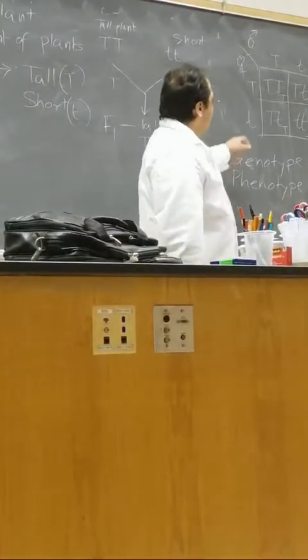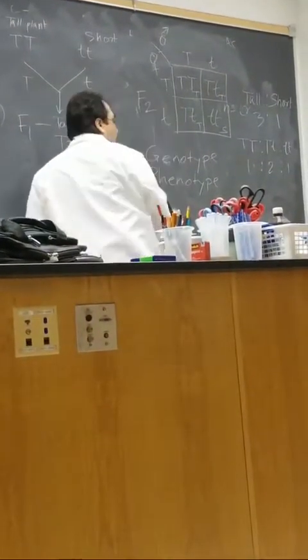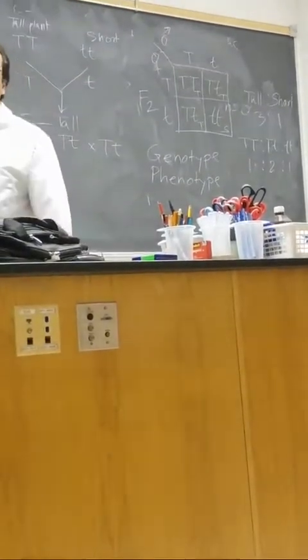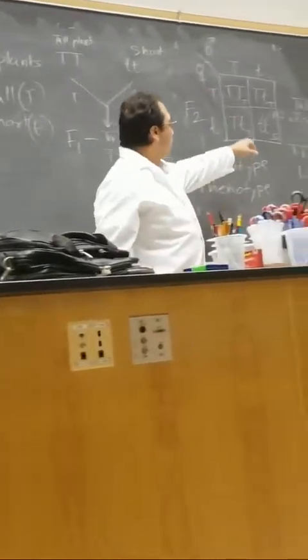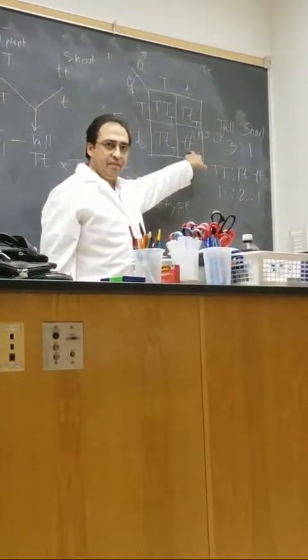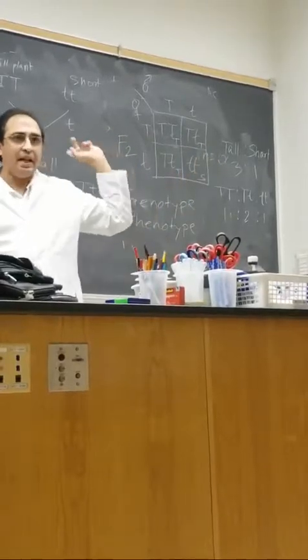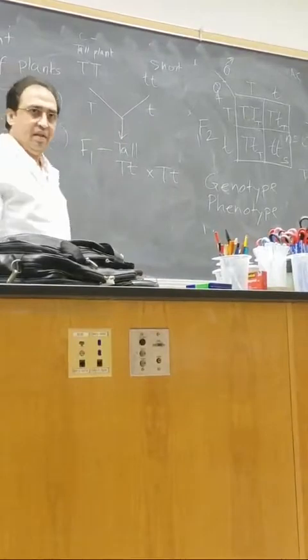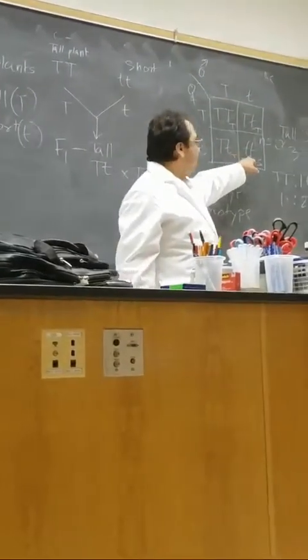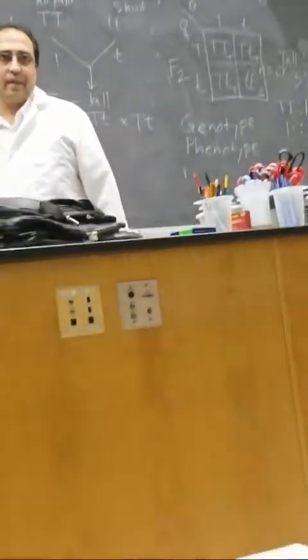Now, the second generation is called the second filial generation or F2. In the F2 generation, we got the short character again. That means it was suppressed by the tall character. It was there, suppressed, but is expressed only when both small t are there, right?